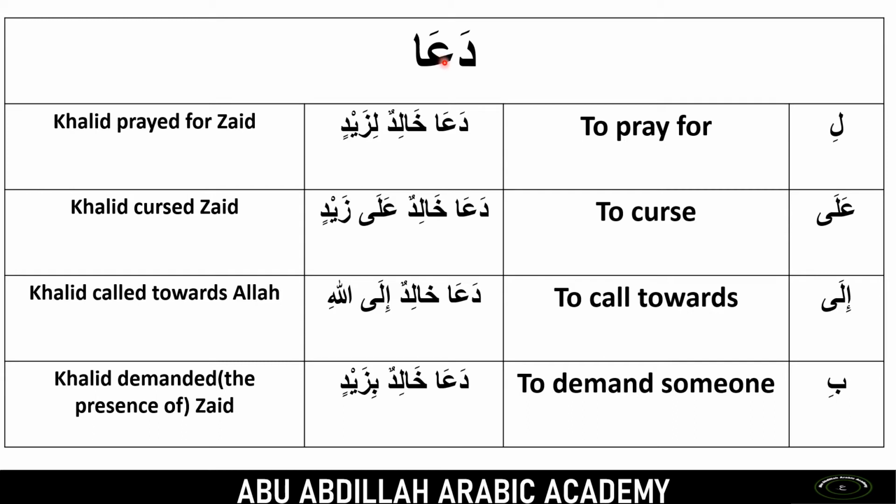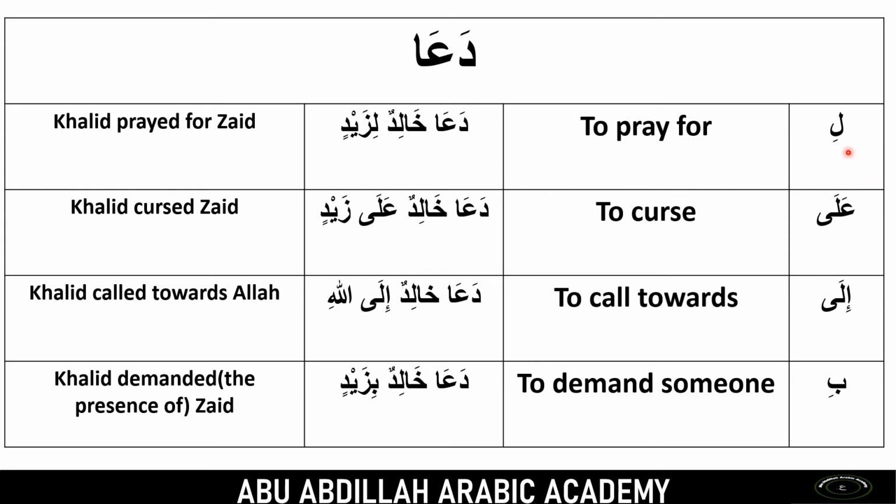Now if I use da'a with the huruf jar ala, then it becomes to curse for, the opposite of to pray for. That is, to curse upon someone. If I say da'a Khalidun ala Zaidin, the meaning would be Khalid cursed Zaid. So that is the difference.